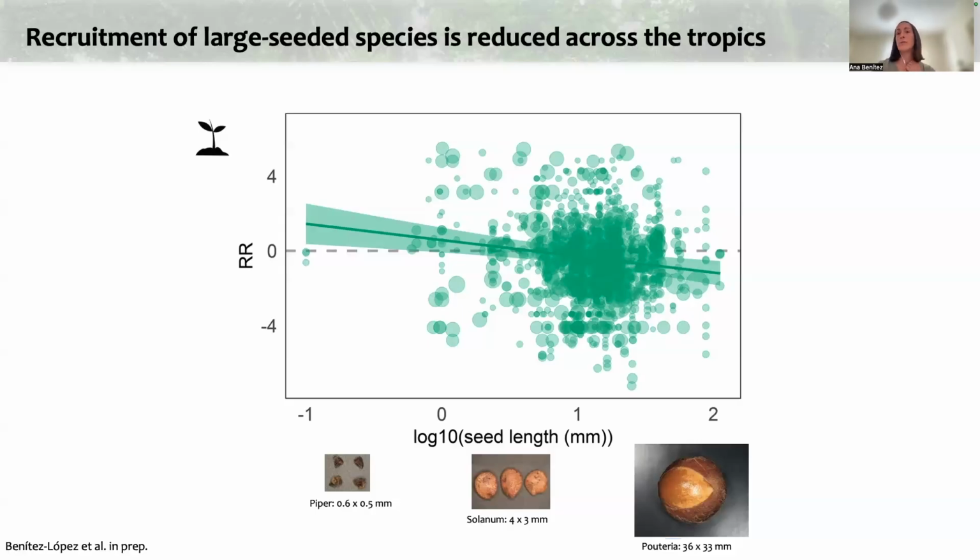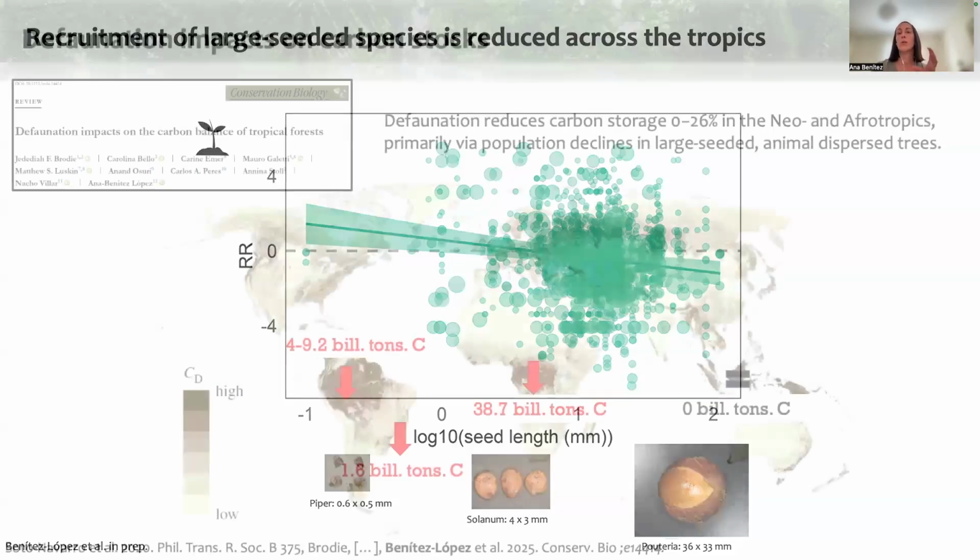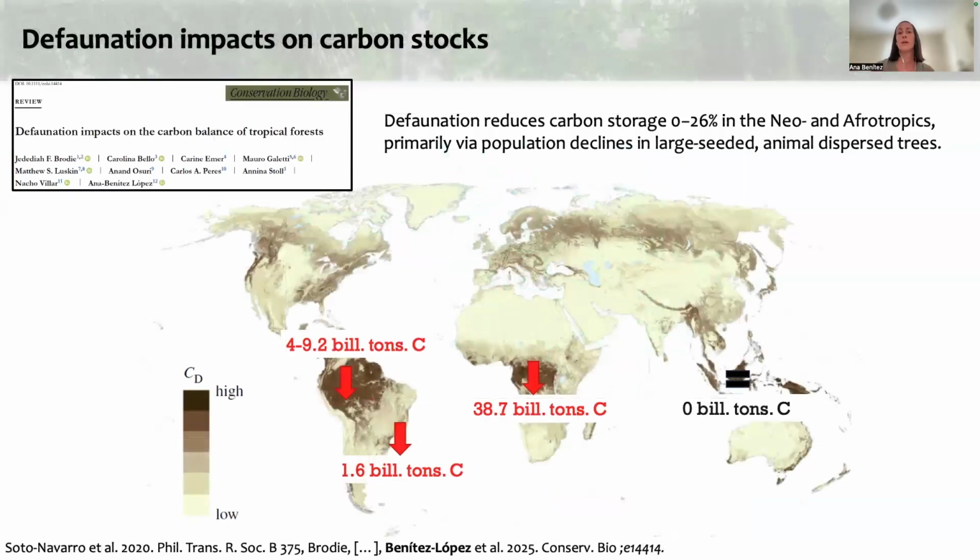But in a recent review, we gathered all this information together with Jedediah Brodie and others for different studies across the tropics. And we see that carbon storage can be reduced by up to 26%, mostly in the Neotropics and Afrotropics, but not so much in the Indo-Malayan forests.